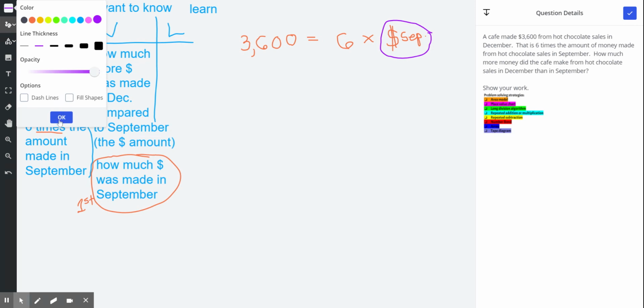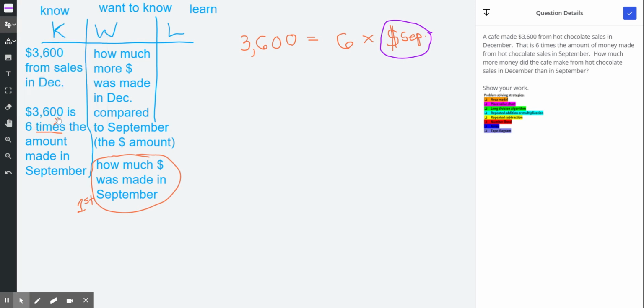So here's where the relationship between division and multiplication comes into play. We've got $3,600 from December. We can divide that by 6 to get the total amount of money from hot chocolate sales in September.